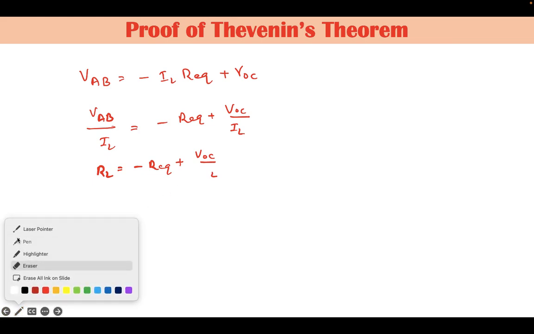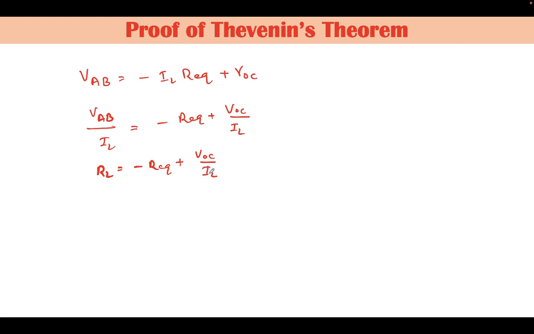Then we can rearrange this equation for IL, that is RL plus R equivalent is equal to VOC upon IL, and hence IL is equal to VOC upon RL plus R equivalent.